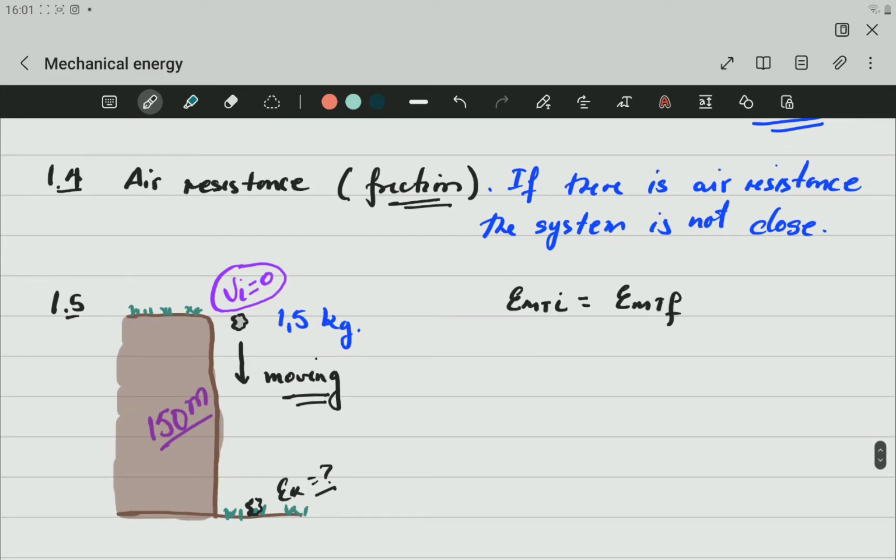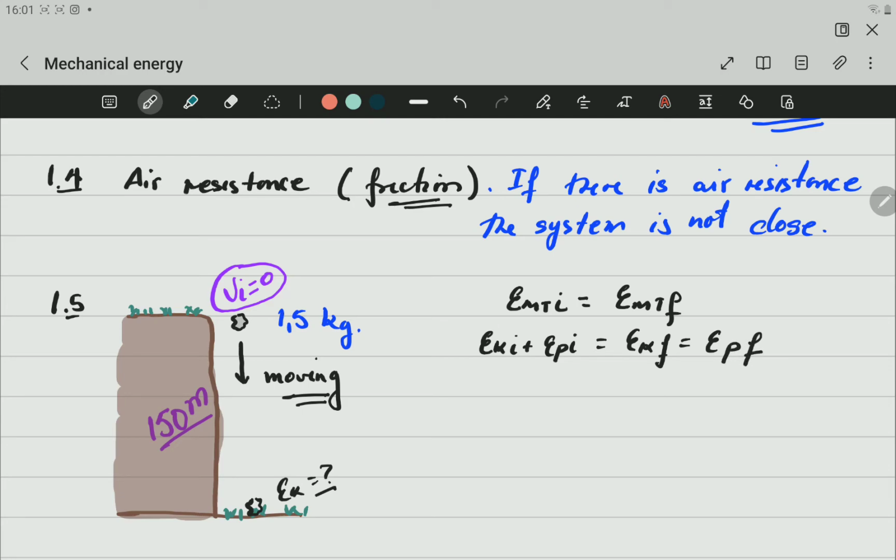So everything on the left-hand side is initial: the kinetic energy initial plus the potential energy initial is equal to the kinetic energy final, and this is what they're looking for, plus the potential energy final.